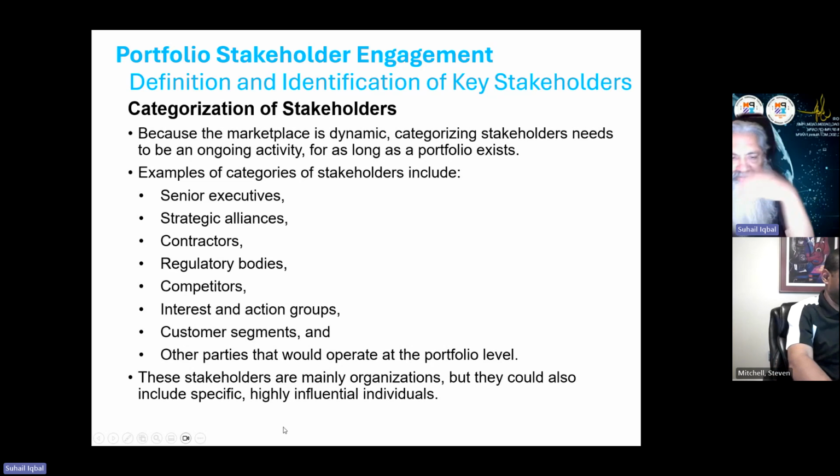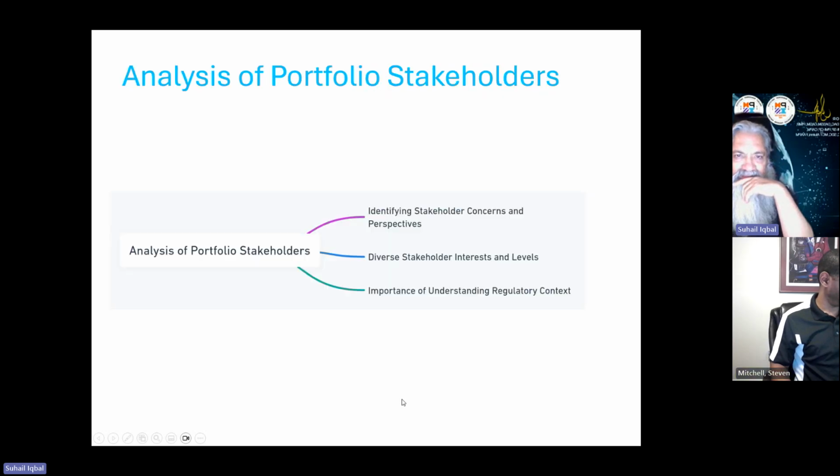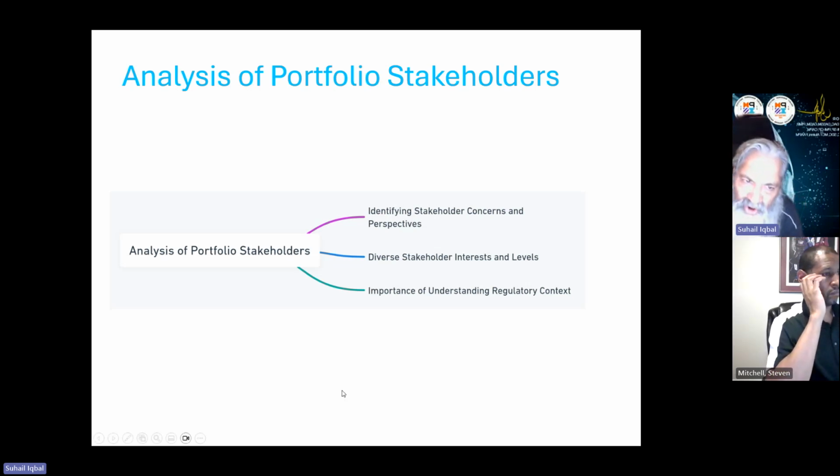Okay, this is the same example I have shown you already. Identification of the stakeholders. This is how we can analyze the portfolio stakeholder. Firstly, identifying stakeholder concerns and perspectives.